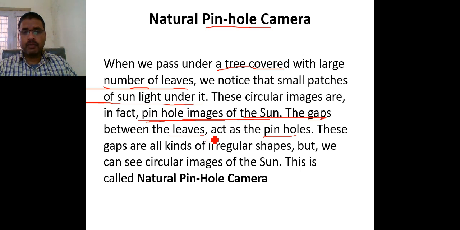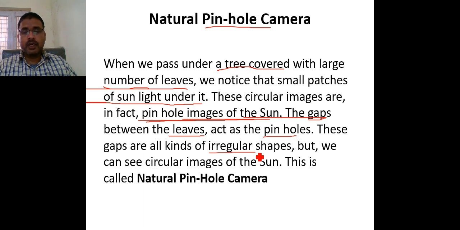These gaps are of all kinds, since the leaves have different kinds of structure, and because of that, different kinds of space in between two leaves or two branches, the light passes through gaps of irregular shape.